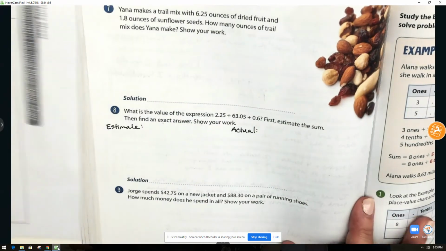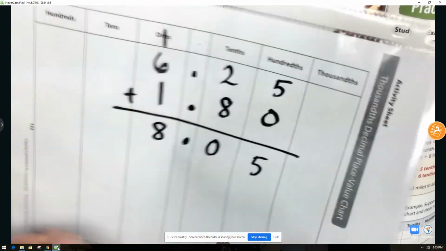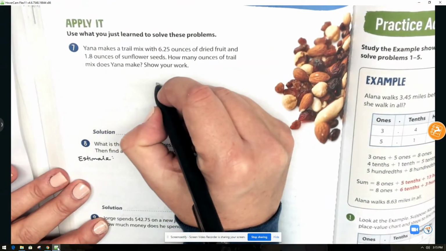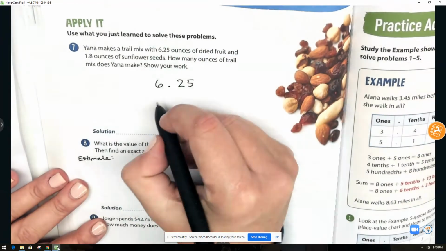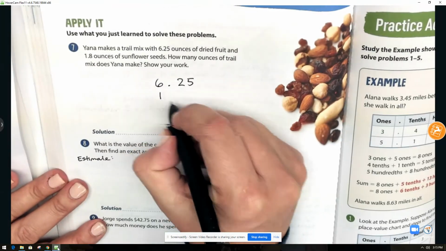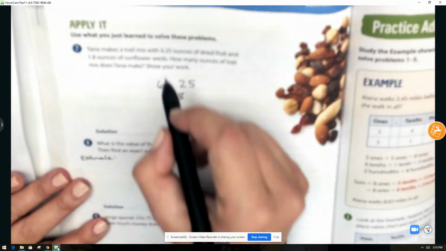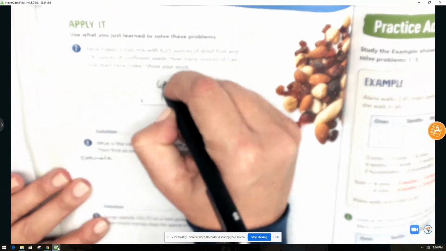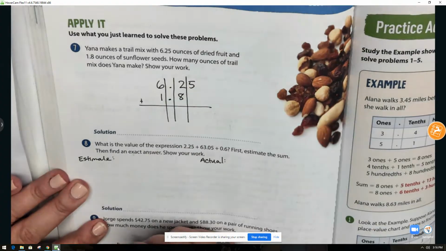So I'm going to really quickly show you the stacking method on your paper, because we did it here using the place value chart, but I'm going to show you what it would look like if we were doing it on our paper. So we have 6 25/100, and then we're going to add, making sure we line up our place value, our 1 8 tenths. As you can see, we have our ones, our decimal point, our tenths, and our hundredths.